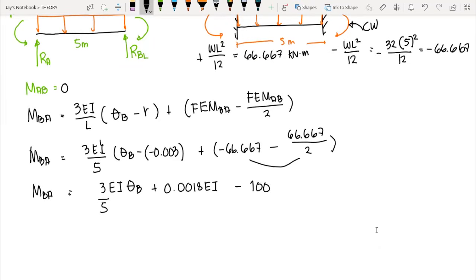So this is now our equation for member end moment BA. This is now our equation number 1, and we will go back to this equation later on once we are done with the generation of all the member end moment equations.